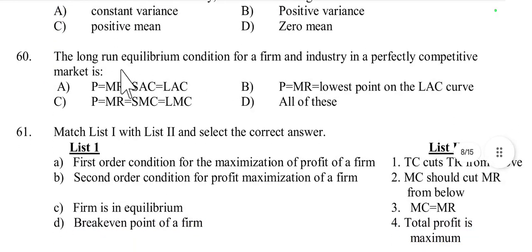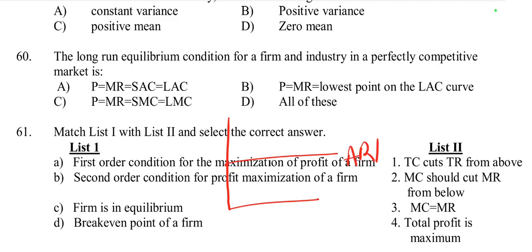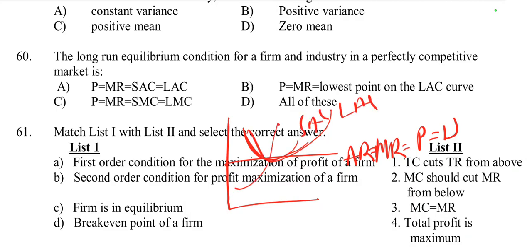Then question 60, the long run equilibrium condition for a firm and industry in a perfectly competitive market. In the long run in a perfectly competitive market, AR and MR are all equal. AR is equal to MR is equal to price. So LAC, SAC, LMC, SMC are all equal at a particular point.